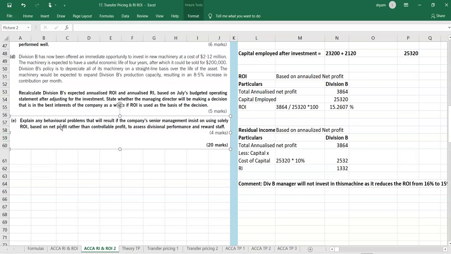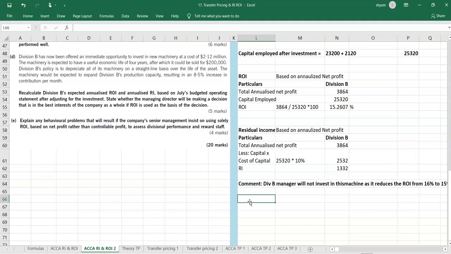The next one is: explain any behavioral problems that will result if the company's senior management insists on using solely ROI based on net profit rather than controllable profit to assess the divisional performance and reward staff. It's a 4-mark question, so we have to write 4 points.